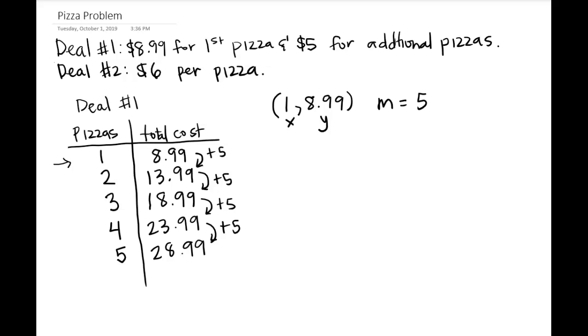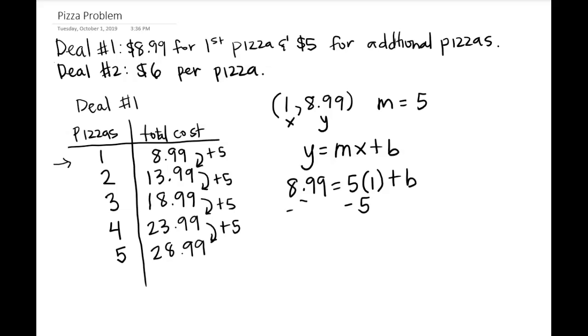So if we put it into y equals mx plus b, so we can solve for b, then we'll end up with $8.99 equals 5 times 1 for our x plus b. To get b by itself, we need to subtract 5 from the other side. When we do that, we're left with $3.99.